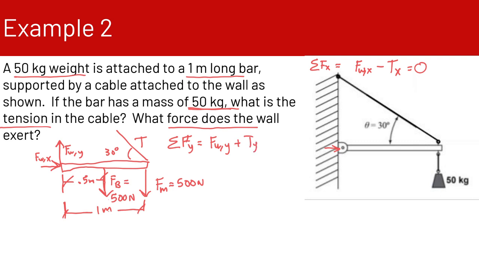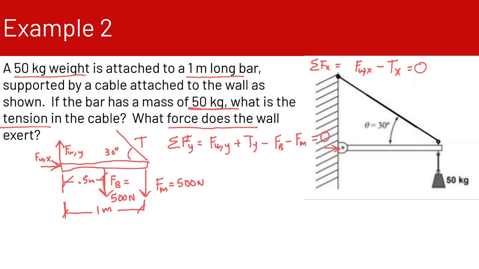Those are positive. Then we have minus the force of the bar minus the force of the hanging mass. And that's all equal to 0 because this is all static. Nothing is moving.